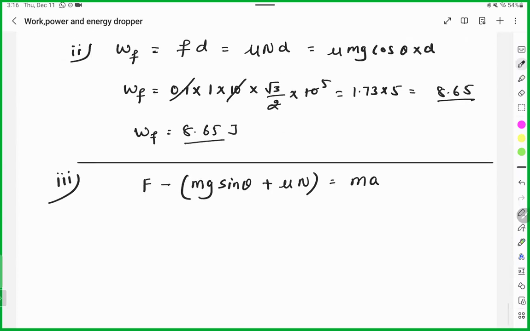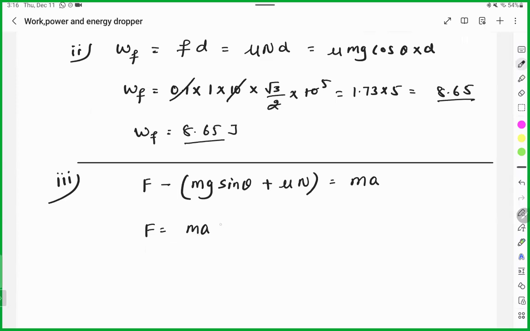Correct? Same as before. And now you may feel, why, if you don't do laws of motion and you do this chapter you can't, because it is the application of laws of motion. So force will be equal to ma.